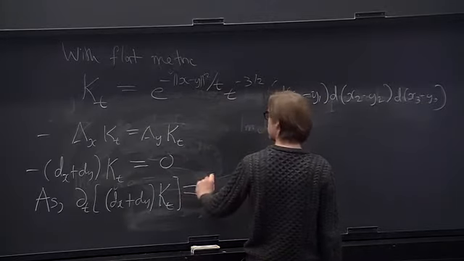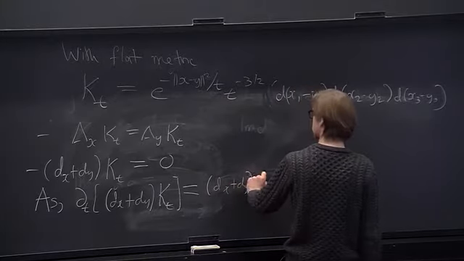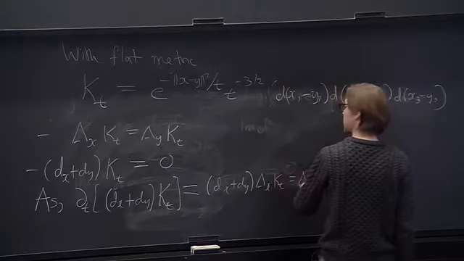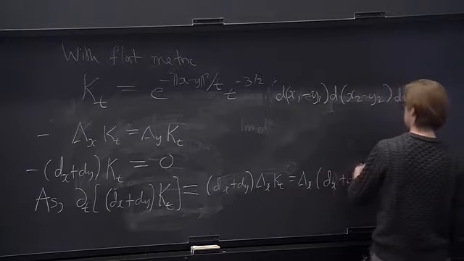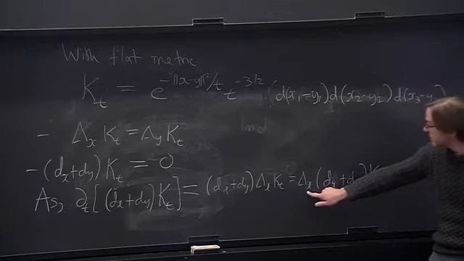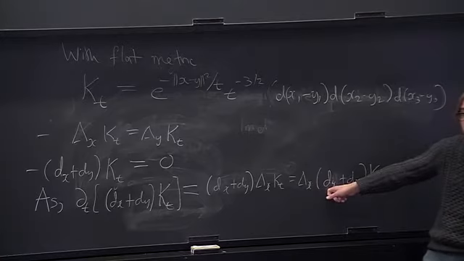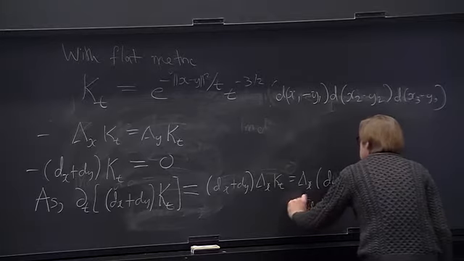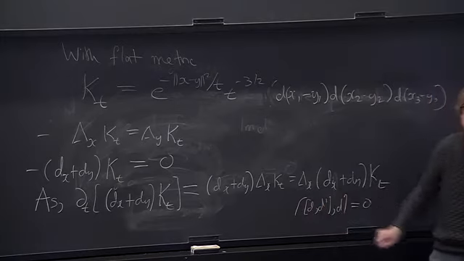So we can bring the Laplacian in the x variable through. It commutes, of course, with the y de Rham operator, but also with the x de Rham operator, because the commutator of d and d star with the Laplacian is equal to 0, because if I do this commutator, I pick up a d squared.